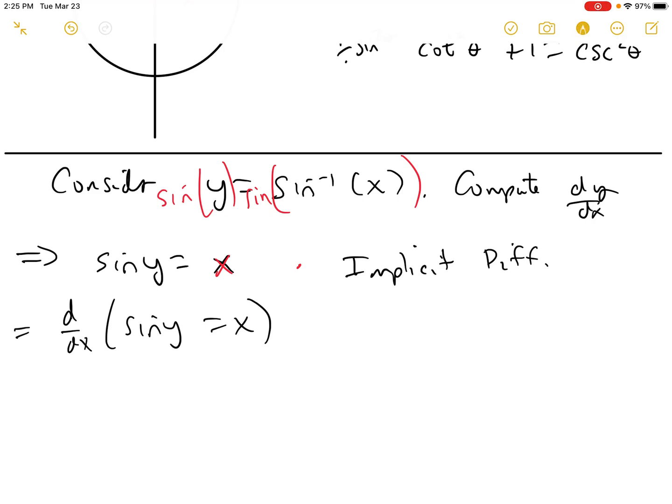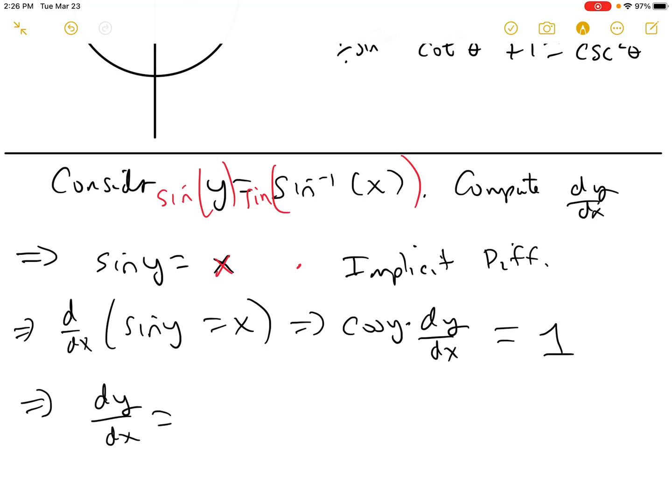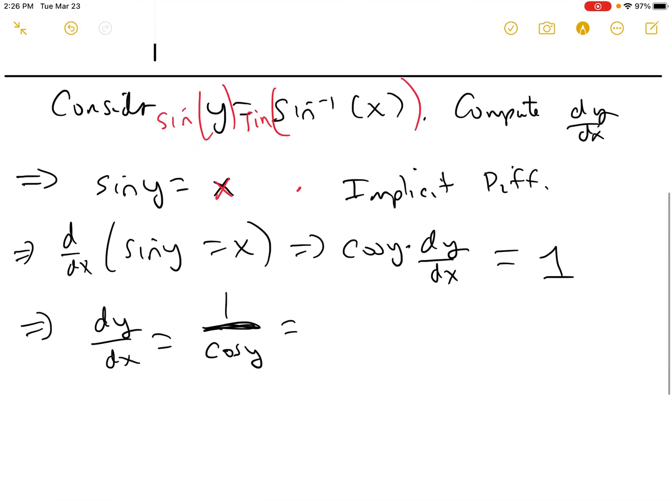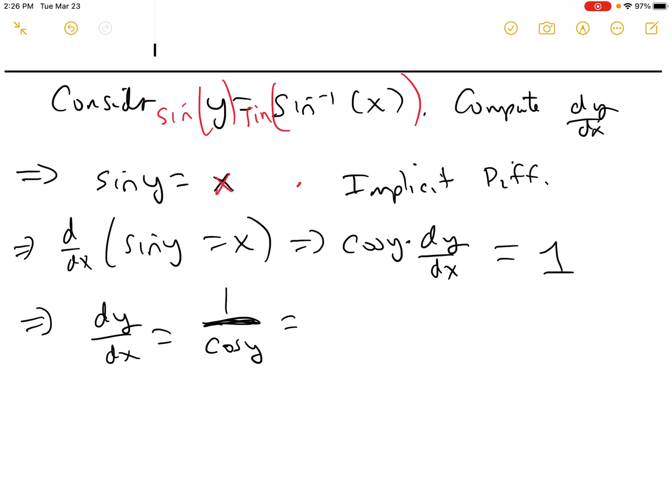And this gives me cosine y times dy dx equals 1. And we're looking for dy dx. So now if you divide by cosine, you get dy dx equals 1 over cosine of y.